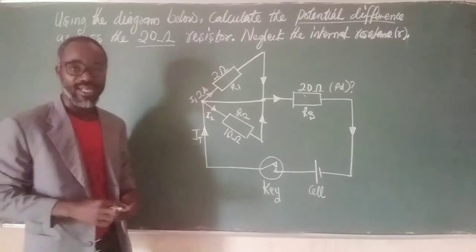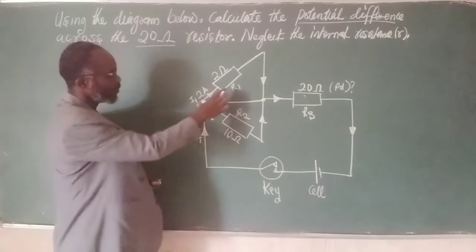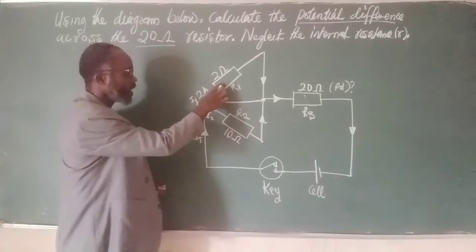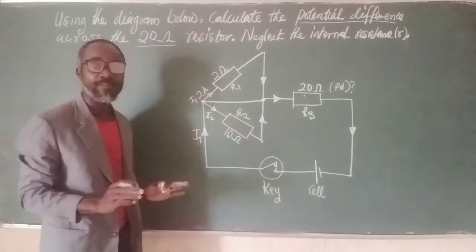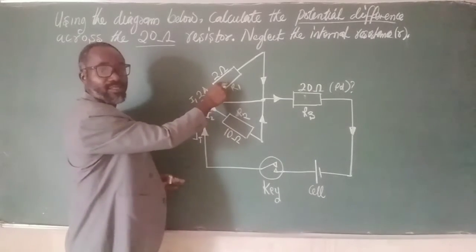How do we approach this question? Very simple. We concentrate on what we have here: we have current, we have resistance, so we can find the value of the potential drop at this point.